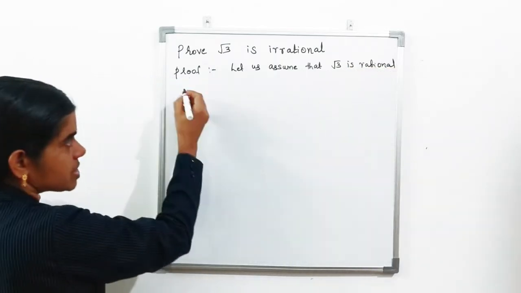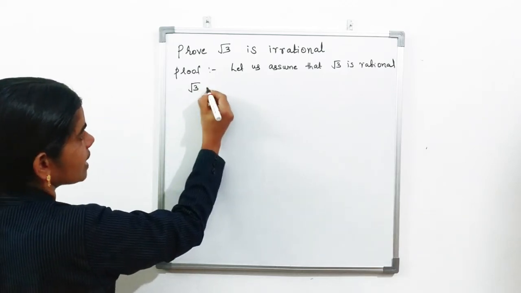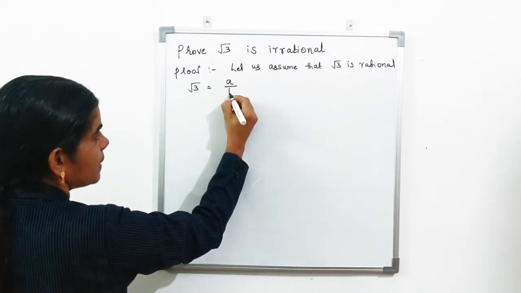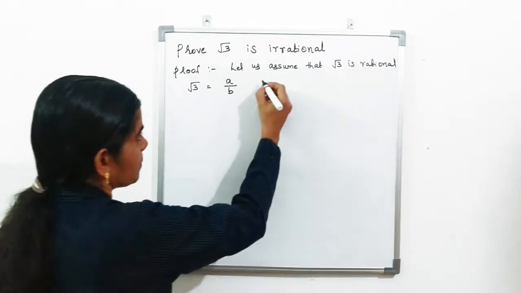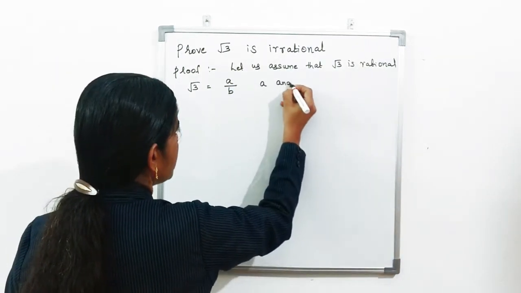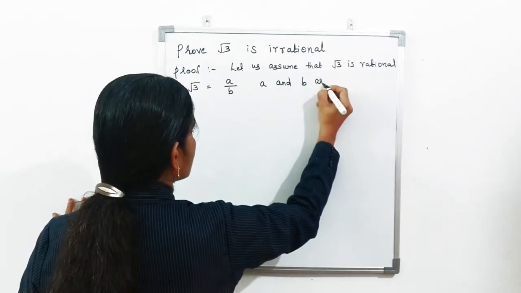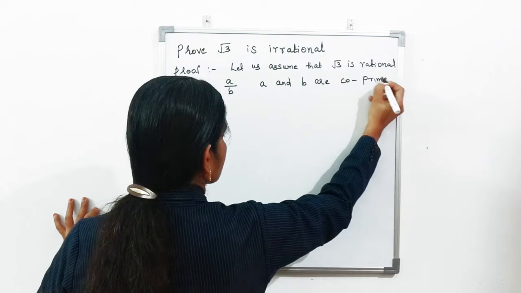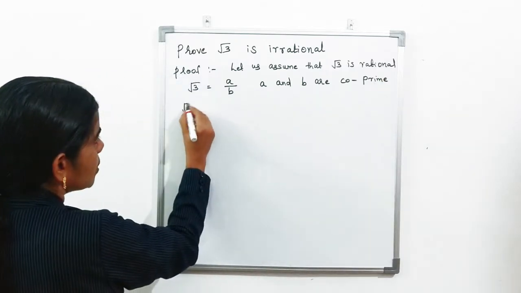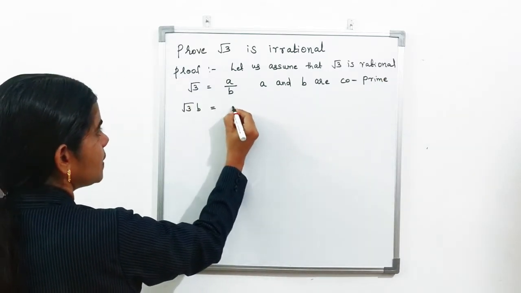Then what does rational mean? We can write root 3 is equal to a by b. Next we write that a and b are co-prime. Then we write root 3 b is equal to a.